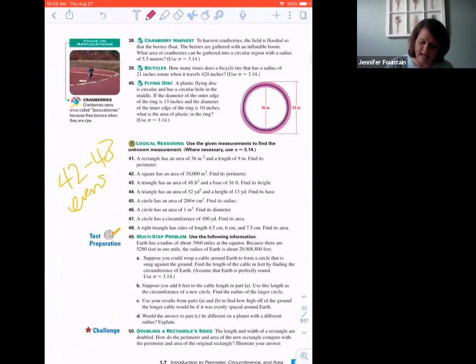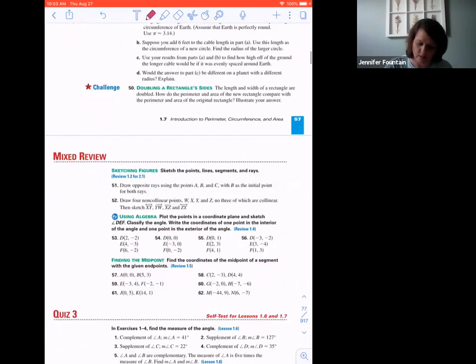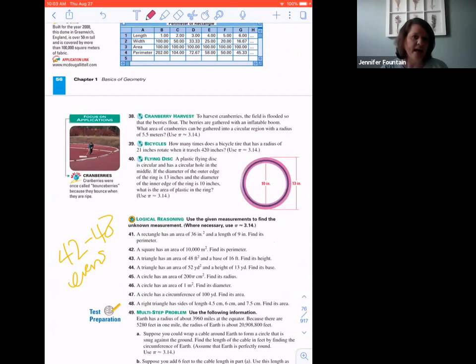Then we're going to have page 57, 42 through 48 evens. And that is it. Okay, page 55, 10 through 18 evens, and 22 through 36 evens. And then page 57, 42 through 48 evens. And then study for your test.